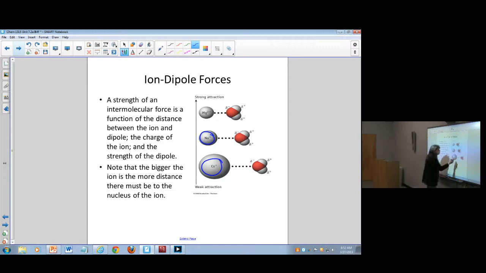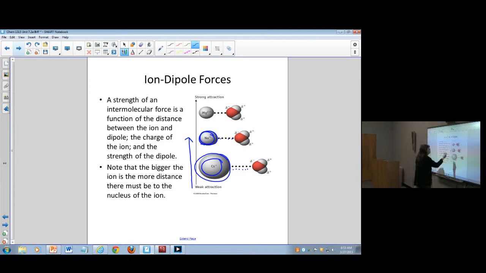And because this is so big, the interaction with the nearby water molecule is weaker, because that big cesium ion can't get all that close to the water. Sodium is smaller, so it gets a little closer to the water, and therefore the interaction is stronger as you go up the periodic table.